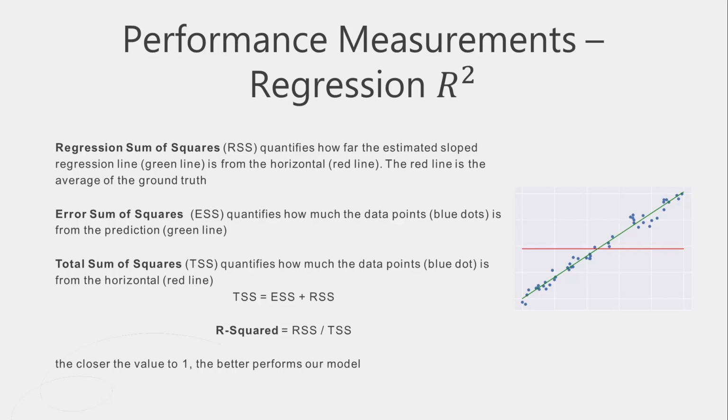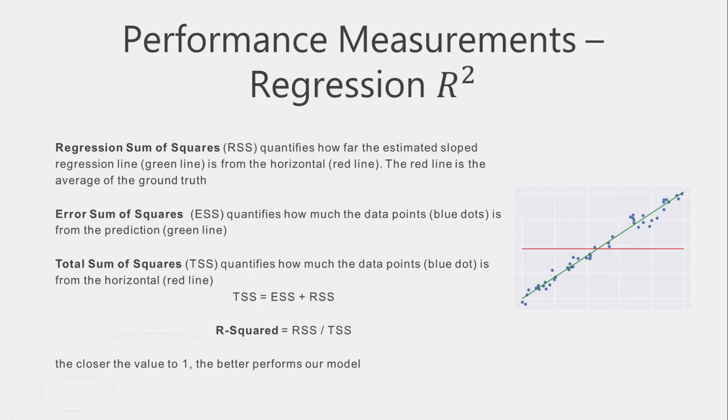First we calculate the distance from the predicted regression line to each data point, in our case the blue dot, and then sum those results. The total sum of squares quantifies the distance between the data points, the blue dots, and the horizontal red line. This value is calculated as the sum of the error sum of squares and the regression sum of squares.